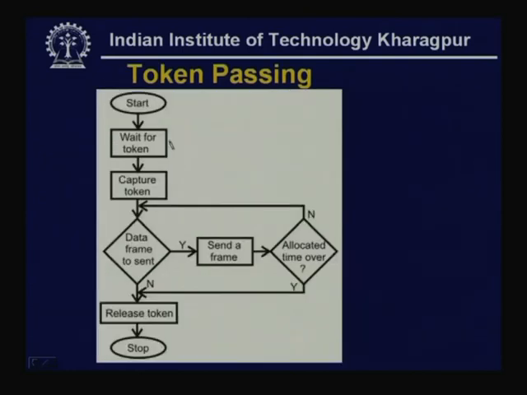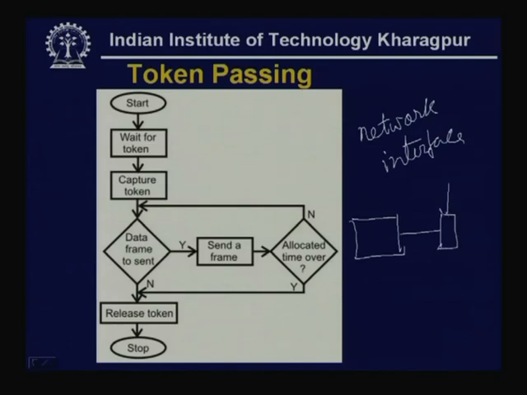As we will see, this is explained with the help of this flow chart. So, all stations wait for the token, and whenever the token is received by its network interface, so this is a station and this is the network interface, the token passes through this network interface, then it is captured, and it checks whether it has got data to send.